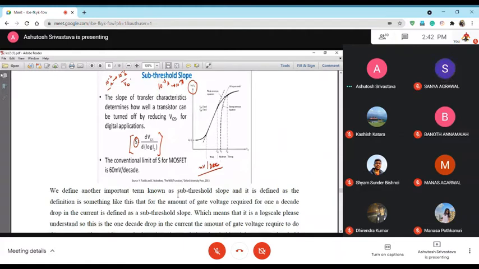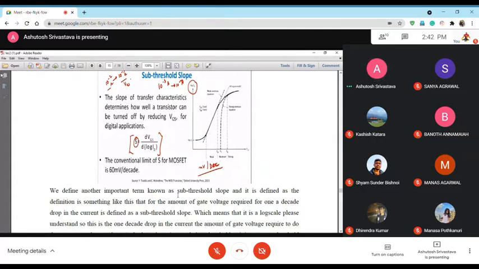Okay. So the subthreshold slope is defined as the amount of gate voltage required for 1 decade drop in current.